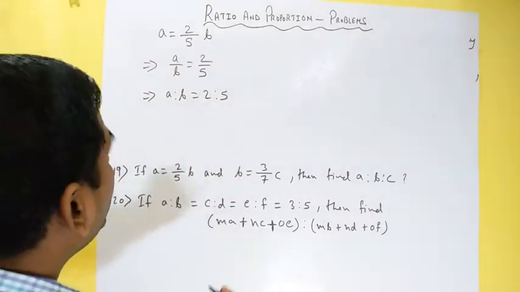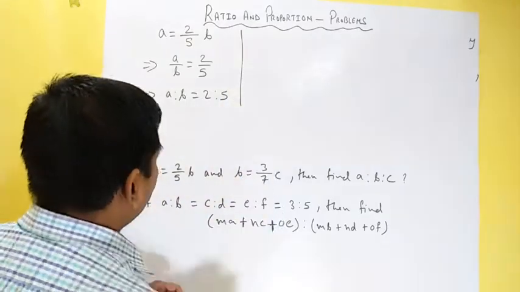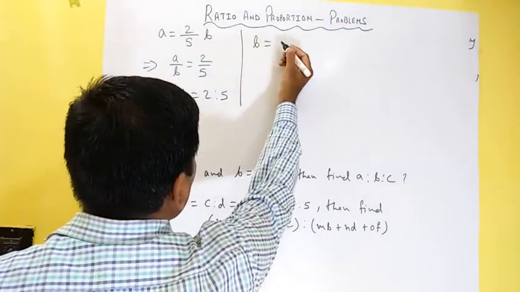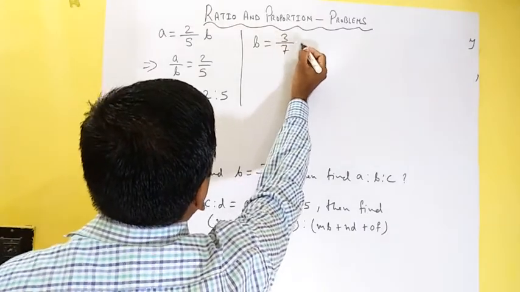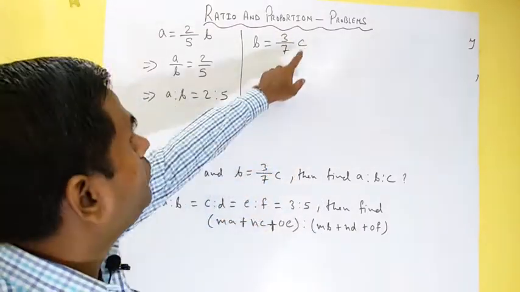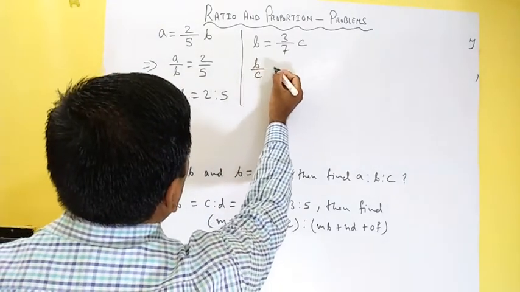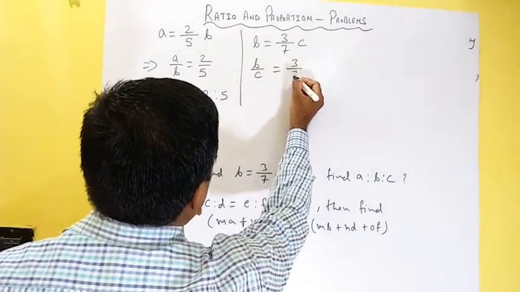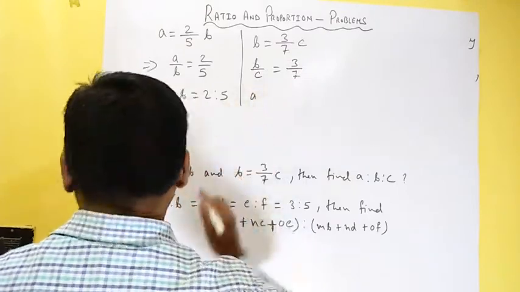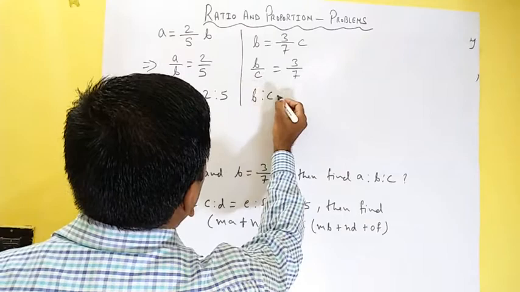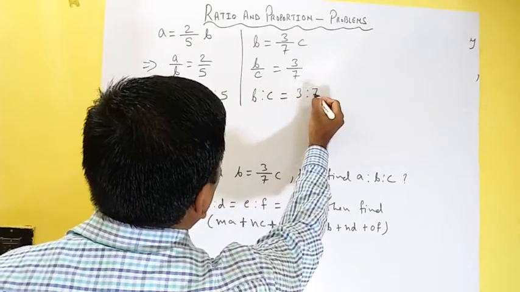Now similarly, we will do for B is equal to 3 upon 7C. We will shift C to this side, it will become B upon C is equal to 3 upon 7. Can also be written as B is to C is equal to 3 is to 7.